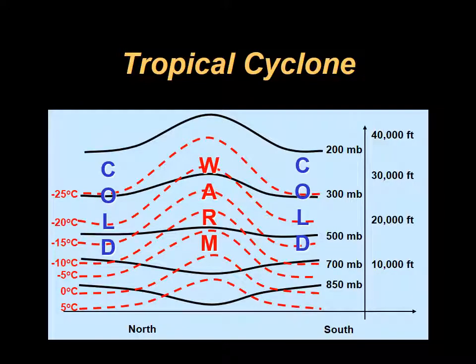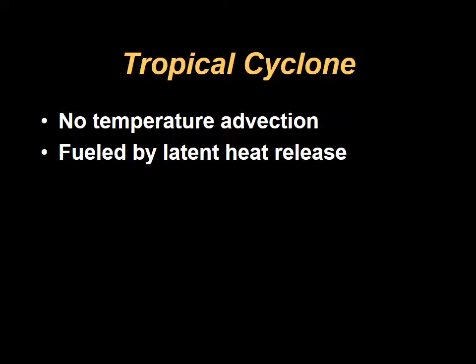These are warm core systems where at the surface you have a strong low pressure, and aloft it weakens until finally you see higher pressure or higher heights at higher altitudes. Tropical cyclones really don't have any temperature advection. They're mostly driven by the release of latent heat through condensation inside the thunderstorms.